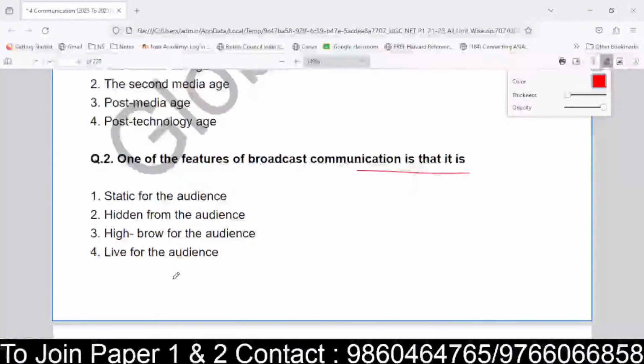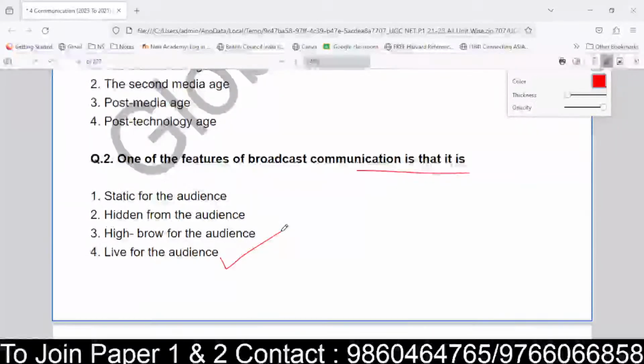What exactly does broadcast communication indicate? Broadcast communication is something which is live for the audience.